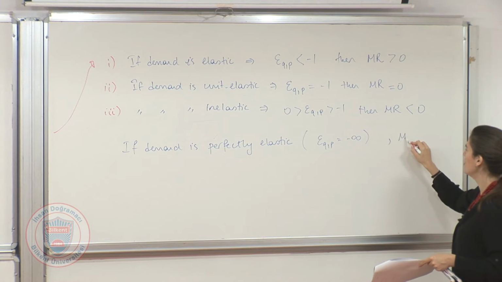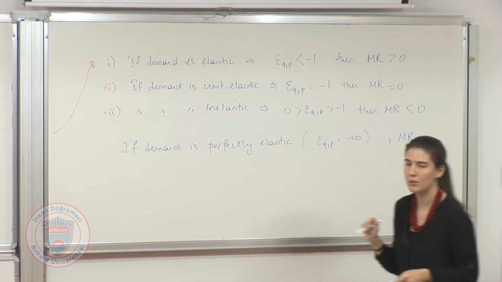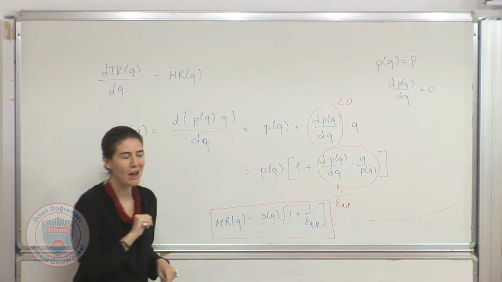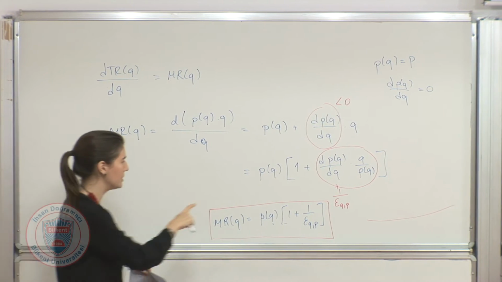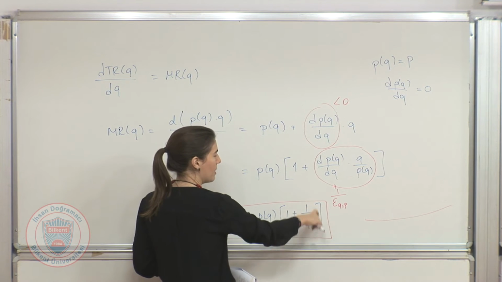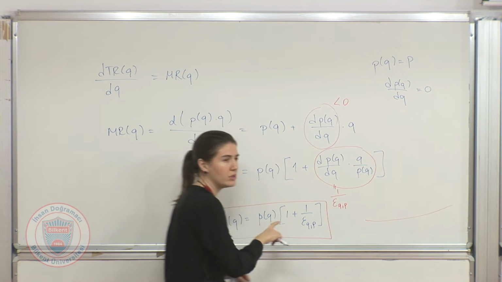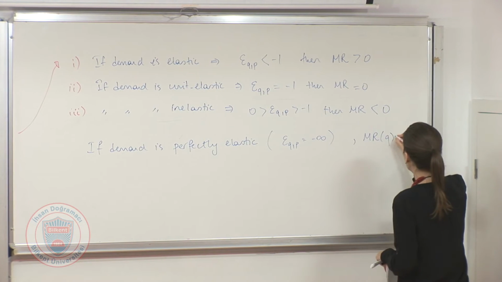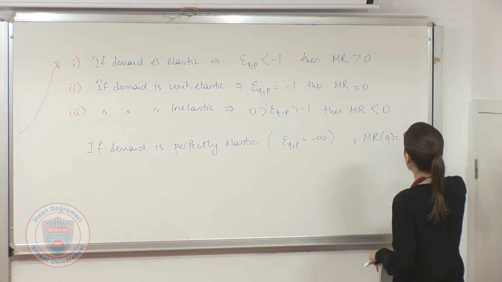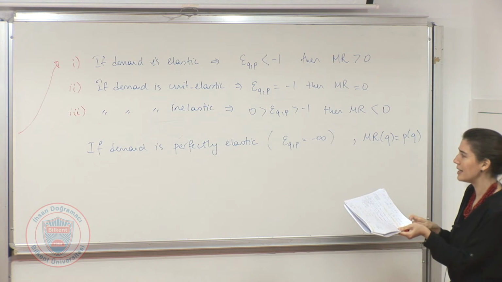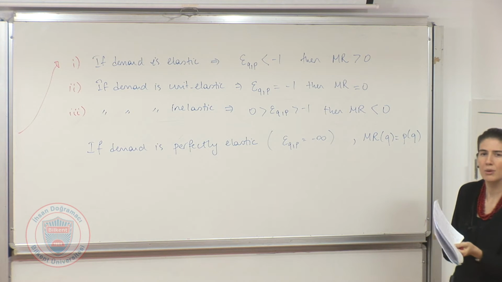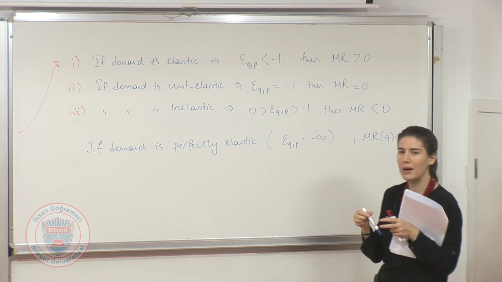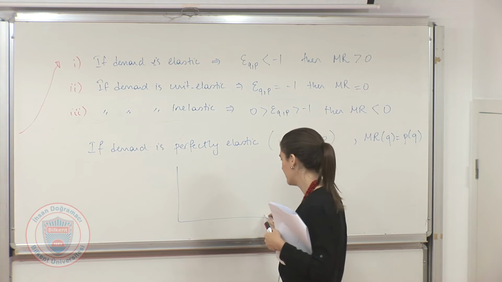Marginal revenue is equal to, what's going to happen? If demand is perfectly elastic, this is minus infinity, so this becomes 0. Marginal revenue is equal to price, right? So this we know. And if demand is perfectly elastic, what kind of a demand curve do we have? Constant.